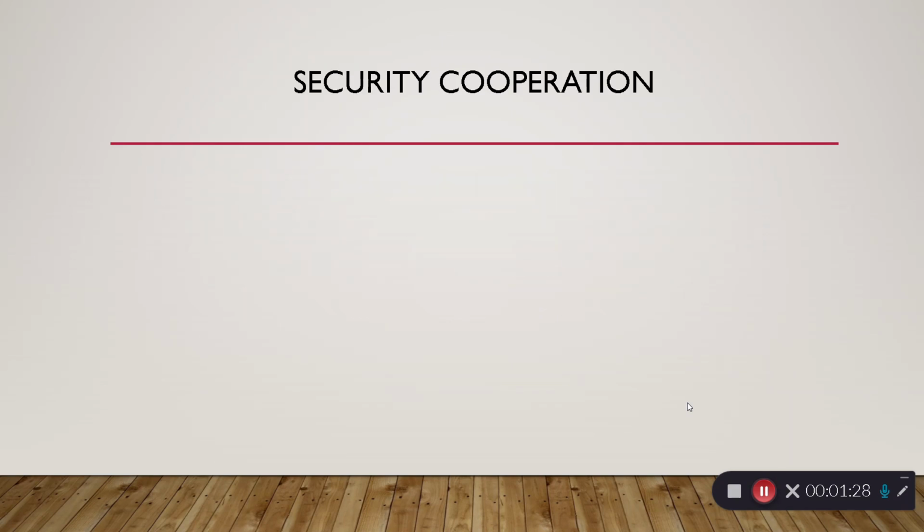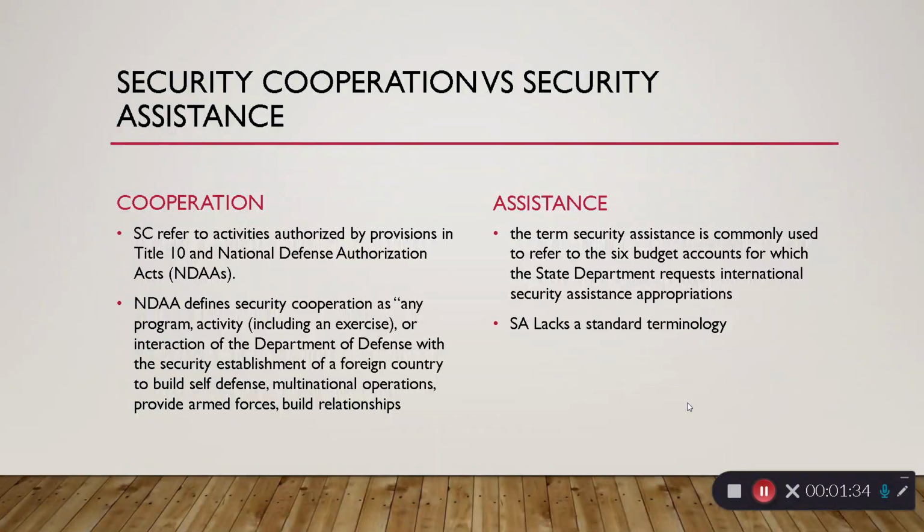Okay, so the first limiting term that I think is worth talking about is security cooperation. First of all, what is security cooperation and what isn't security cooperation? Well, security cooperation refers to activities authorized by provisions in Title 10 and the National Defense Authorization Acts, or the NDAAs.